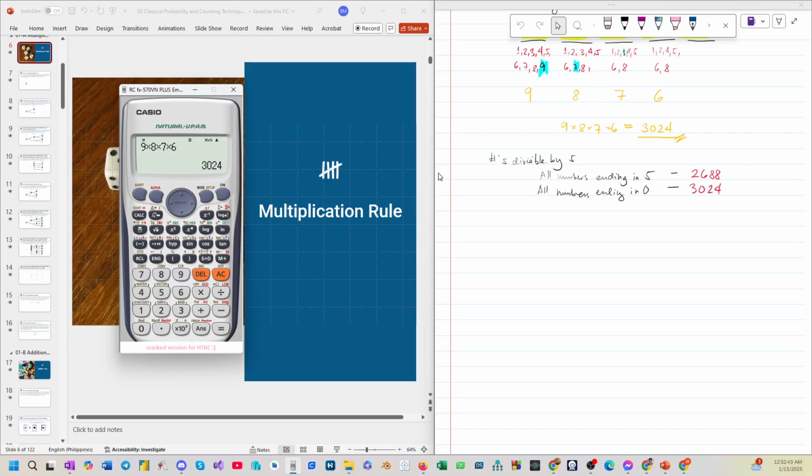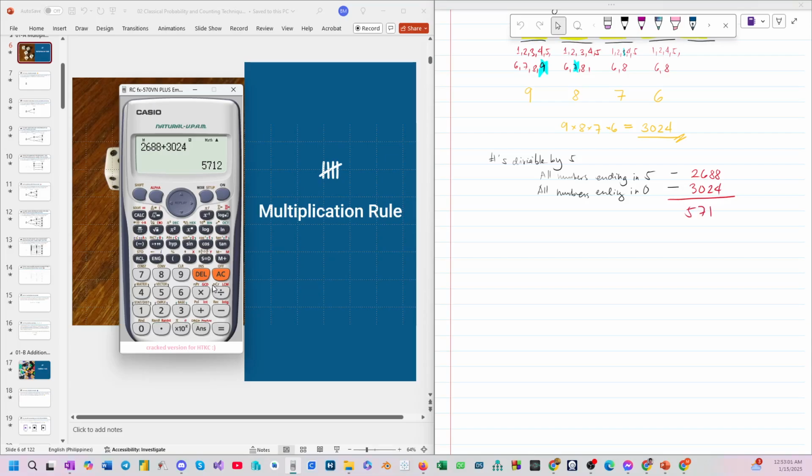So what you're going to do, you're going to be adding them, no? Yung multiply ito, add niyo to kasi nagkapag-multiplication rule ka na dun sa pagbibilang. So 3,024. Yan. So you have 5, 7, 1, 2.